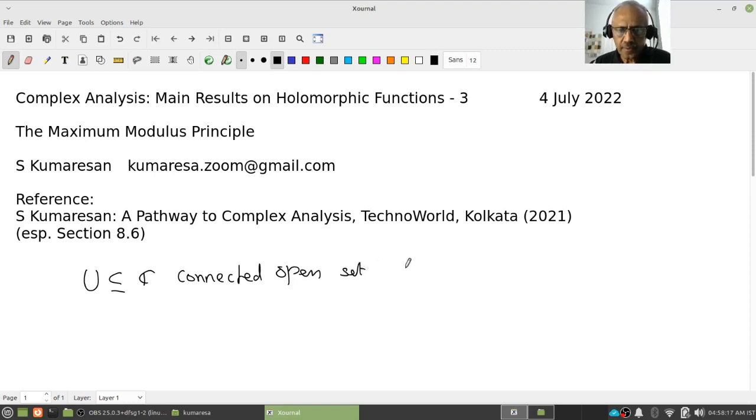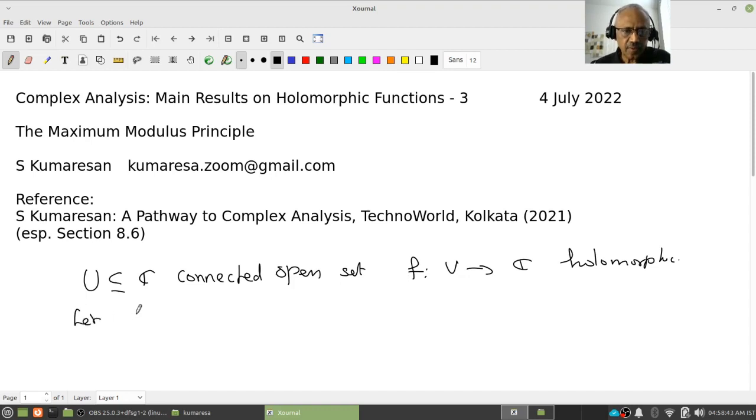F from U to C is holomorphic. Notice that since we are dealing with complex valued functions, it doesn't make sense to talk about maximum. But we can talk about maximum modulus, that is, the modulus of the function and its maximum. So that's what you are going to say.